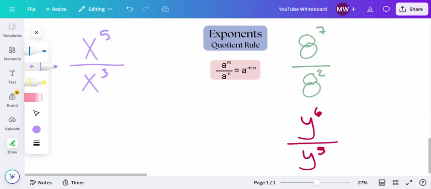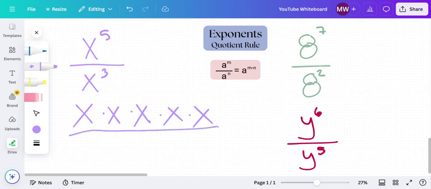So let's explain why this works. Our first example is x to the fifth over x to the third. Now, if I wanted to write this out, this would look like x times itself 5 times on the top, or numerator of my fraction, and x times itself 3 times on the bottom, or denominator.